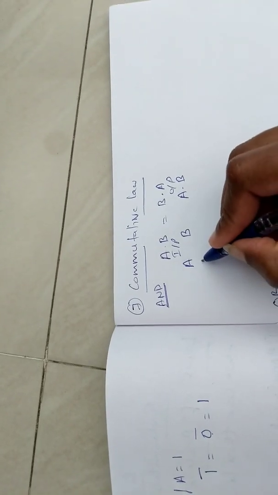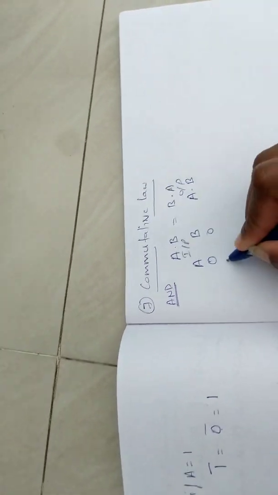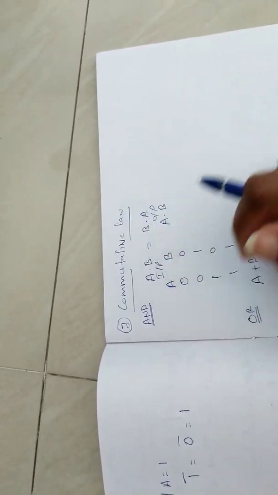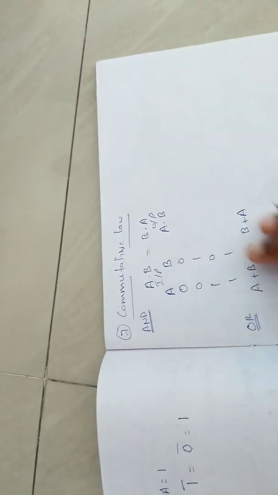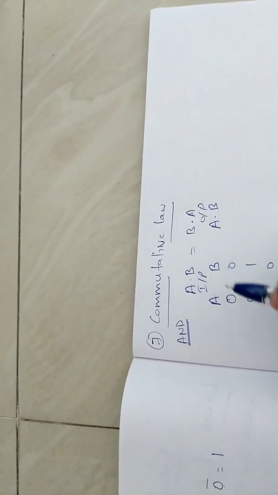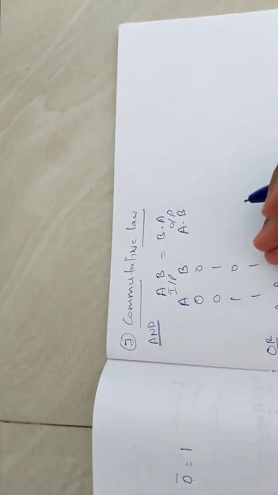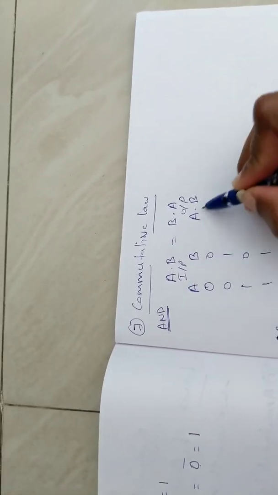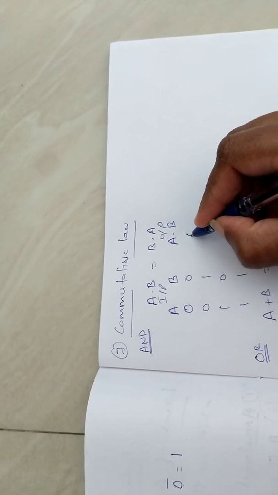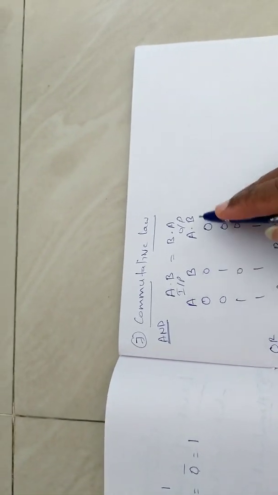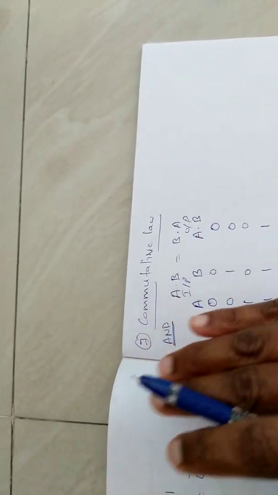The combinations can be 00, 01, 10, 11. With 2 variables, 2 to the power of 2, you'll get 4 combinations. Obviously you know the answer: 0, because it is an AND operation. 0, 0, 0, and when both are 1, it will be 1. This is A dot B, and this is for our LHS.